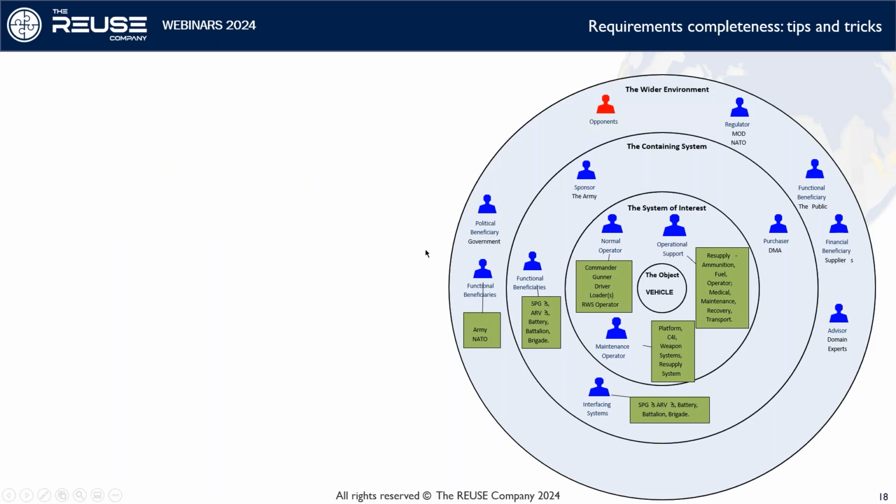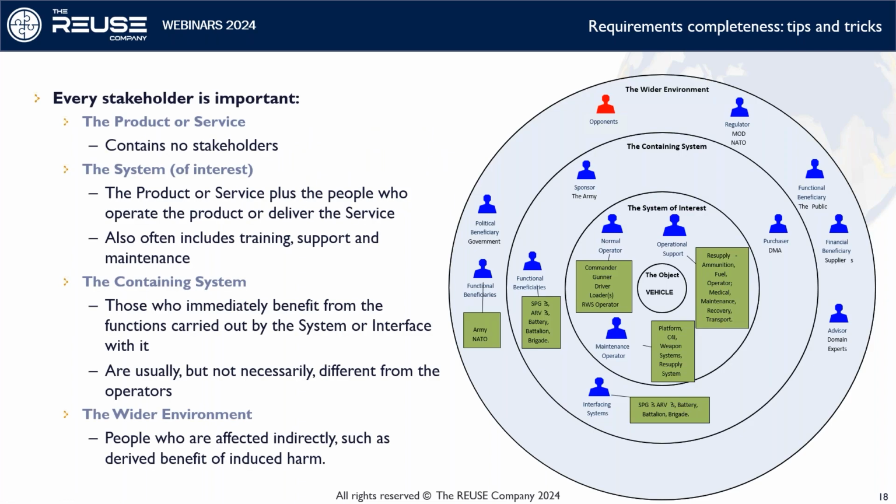So about the system context, of course, every stakeholder is important, starting from the closest surroundings of the system, and including containing systems and the wider environment. So the stakeholders can be other systems, so interfacing systems.